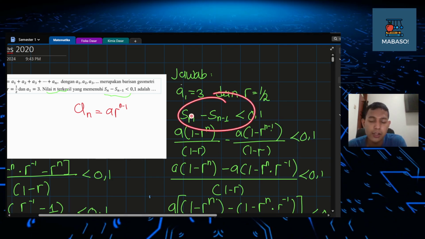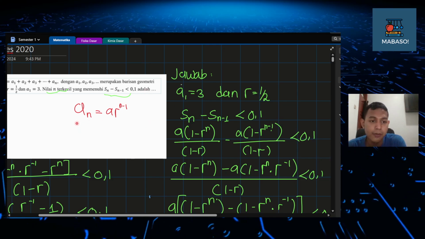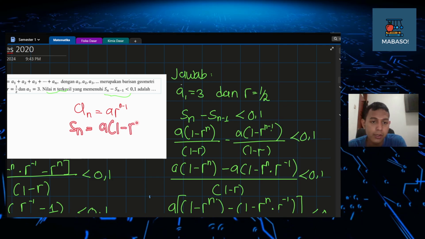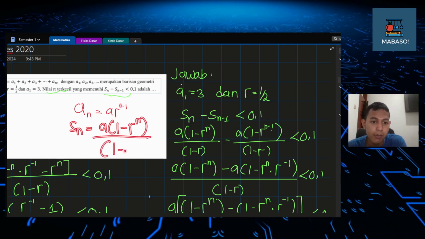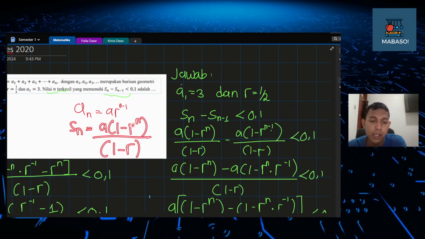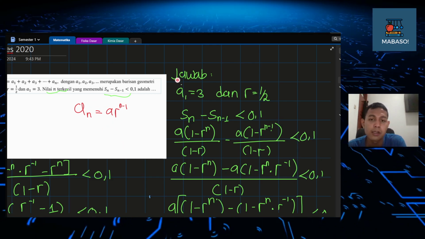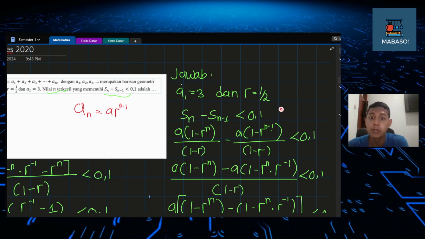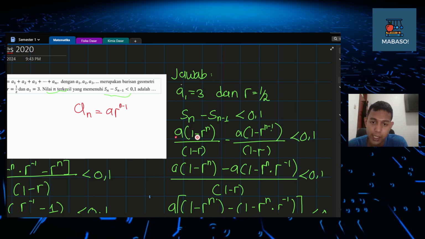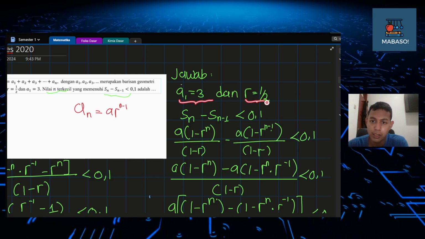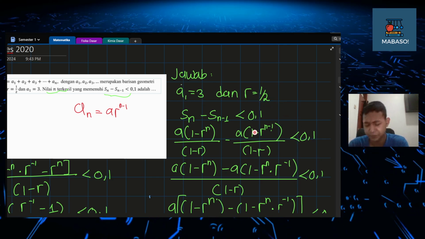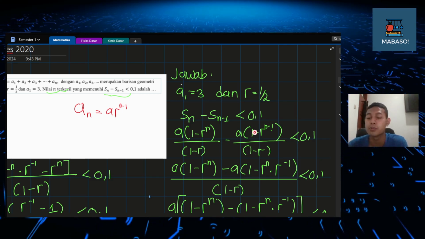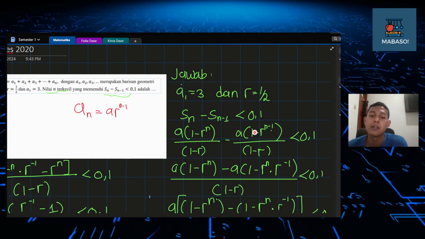So for S of n, we know the basic formula: S_n equals a times 1 minus r to the power of n, divided by 1 minus r, where a and r represent a1 and r. Later we can replace a and r with these values, but for the sake of our discussion, initially we will not insert the values first; we will insert them later.